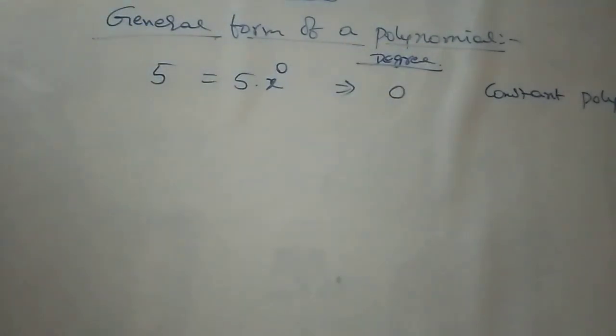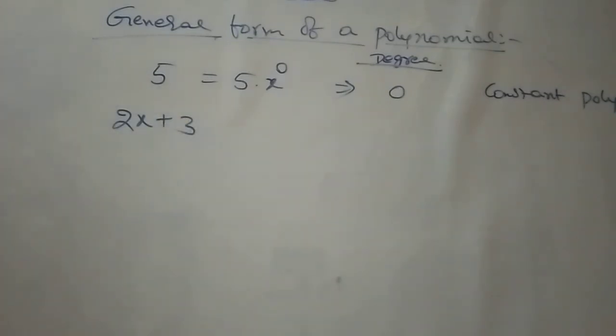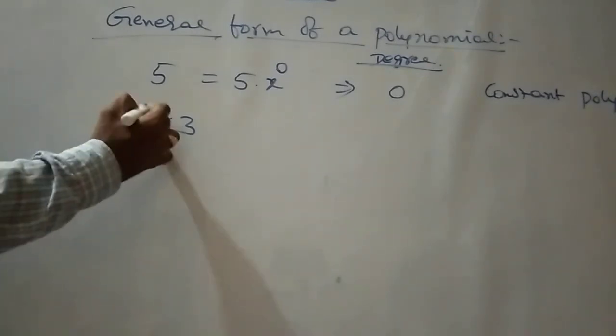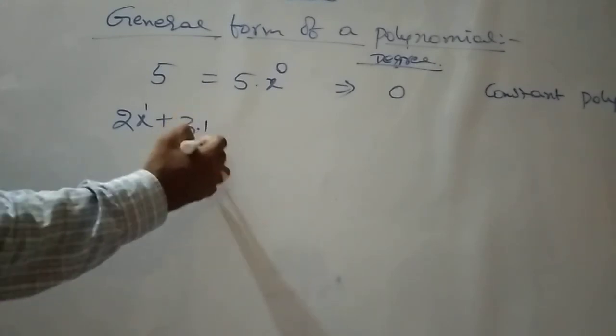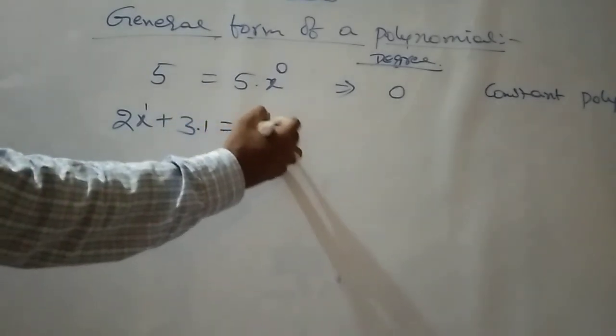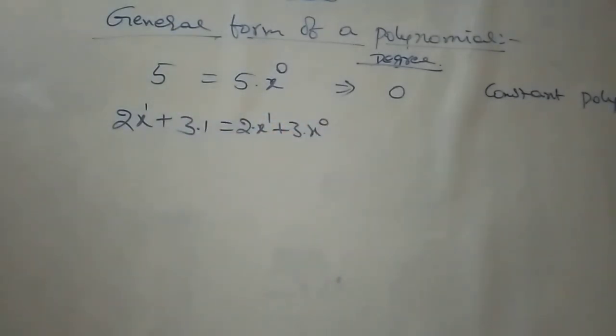Suppose I write one more: 2x plus 3. Here x power 1. Now we can write 3 as 3 into 1. That is 2 into x power 1 plus 3 into x power 0, since 1 can be written as x power 0.